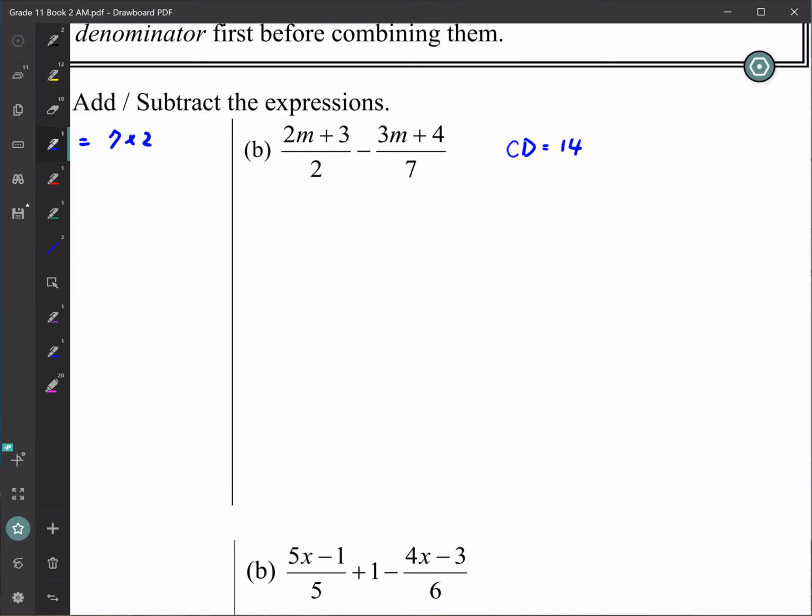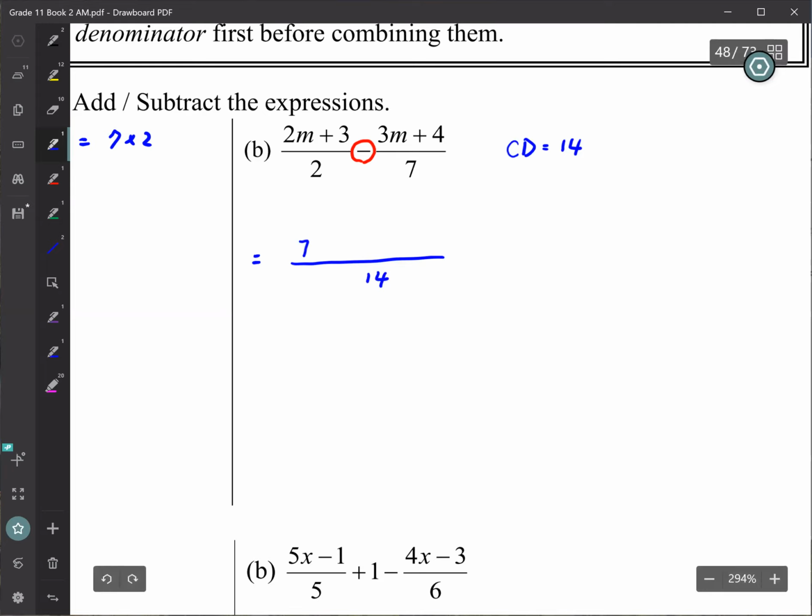Another thing to watch out for is the subtraction sign. To avoid sign problems, pay attention to how I proceed with this one. So we know it's 14, so I put 14. The 2 will need to times 7, just like the last question.